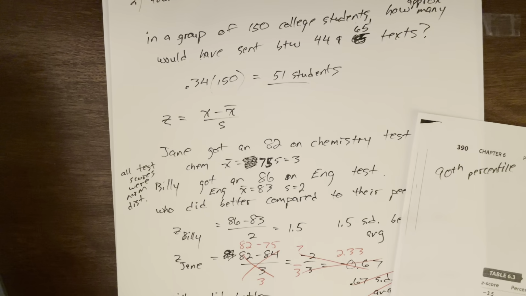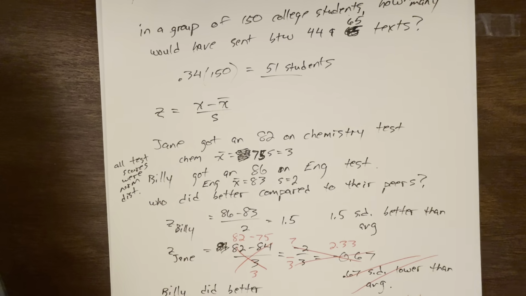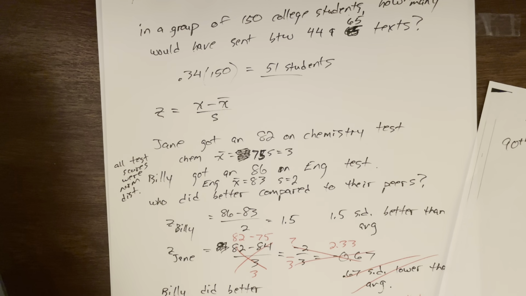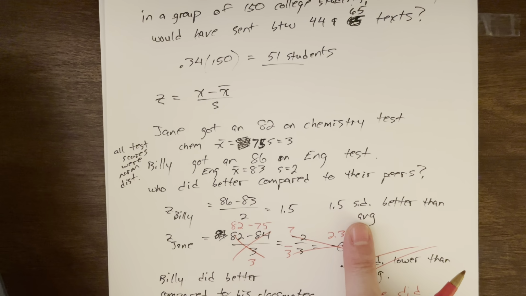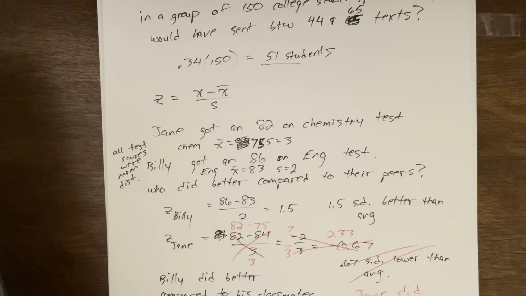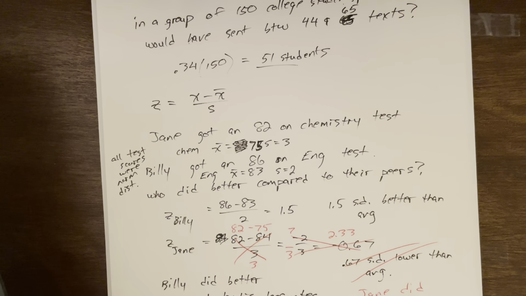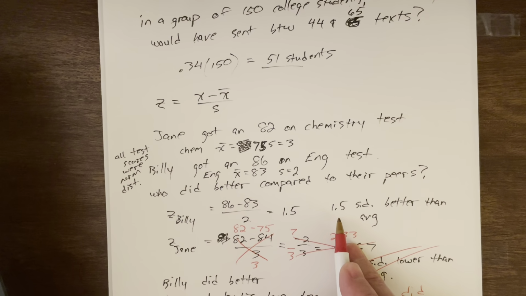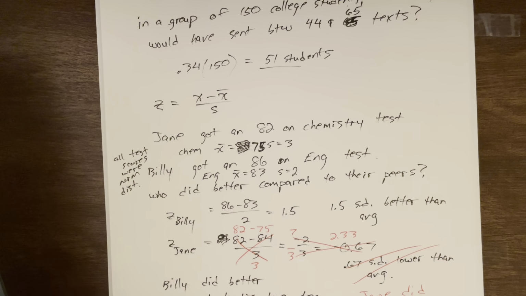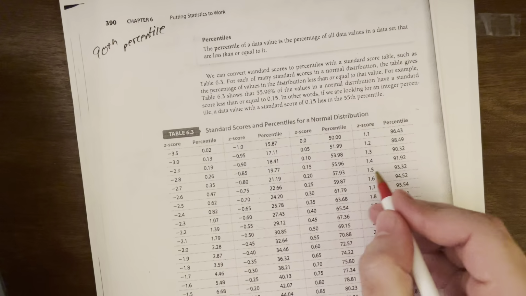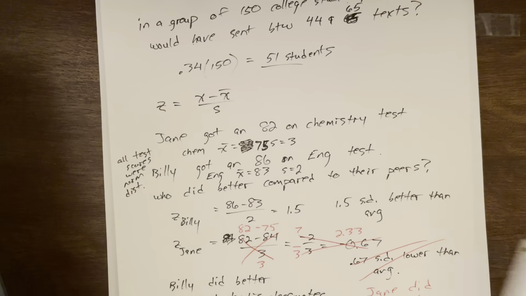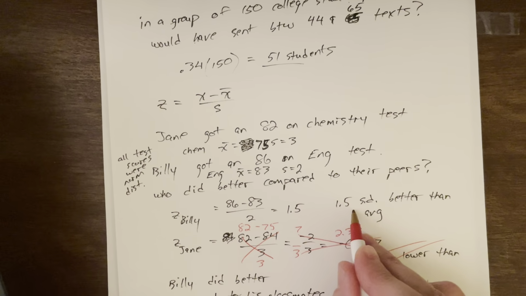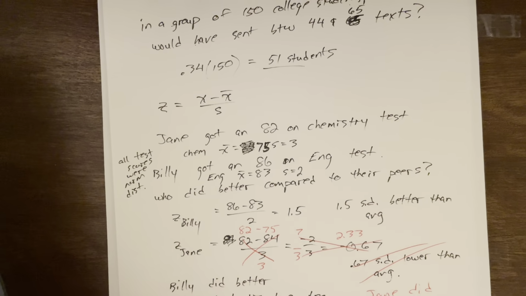So let's see what we got for both Jane and Billy, okay, as percentile rankings. And this would be the same thing. The Z-score was enough, but to actually put a percentile rank next to it and see how this chart works, we still have to compute the Z-score. So for Billy, we got 1.5. So I would go right here on the chart. And this one is perfect. There's no rounding here. This worked out to exactly 1.5.